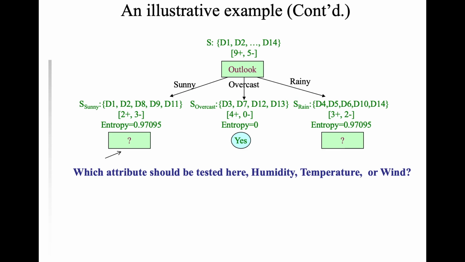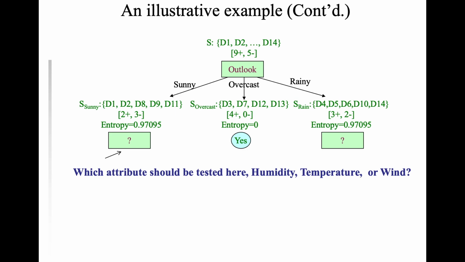Now we say, out of those instances that belong to class Sunny, let's calculate the gain of S Sunny. So here it is not the whole set, but just this subset, right? We find the gain of S Sunny with respect to which attribute?